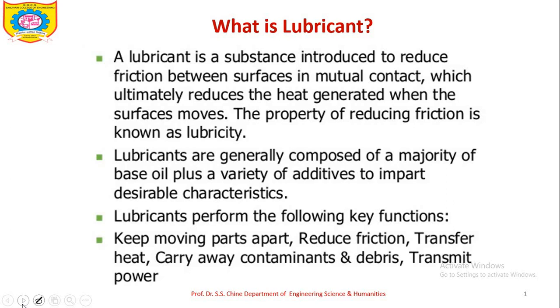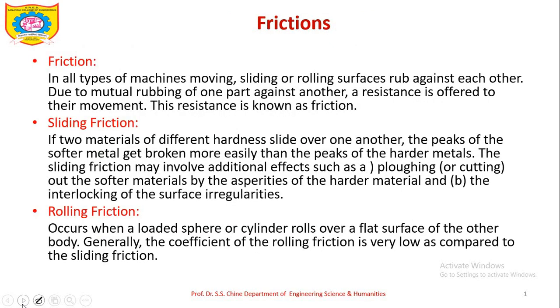These lubricants perform various functions: they keep moving parts apart, reduce friction, transfer heat, carry away contaminants and debris, and transmit power. All these are the functions of lubricants. Lubricants are used to reduce friction, and it is the most important function of a lubricant.